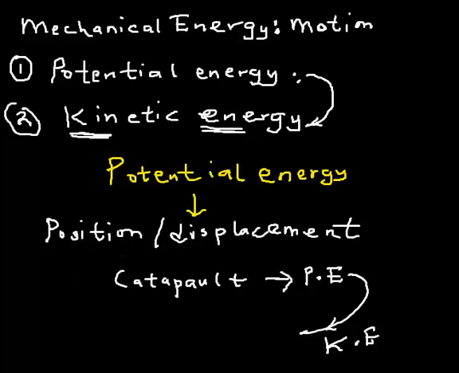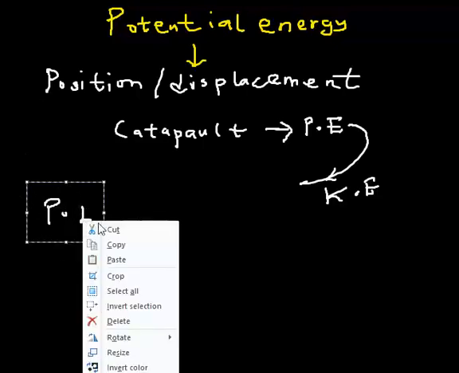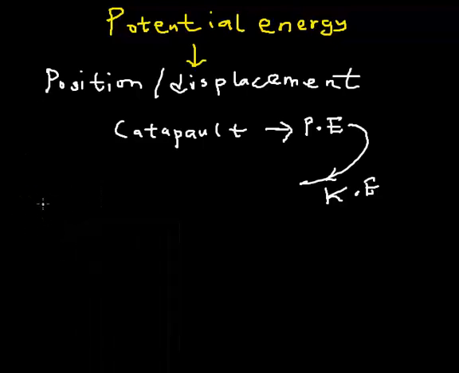So now the formula for potential energy, let me just use P. Okay, so potential energy is given as mgh. This is the potential energy due to a body that is raised at a height and released to fall against gravity.